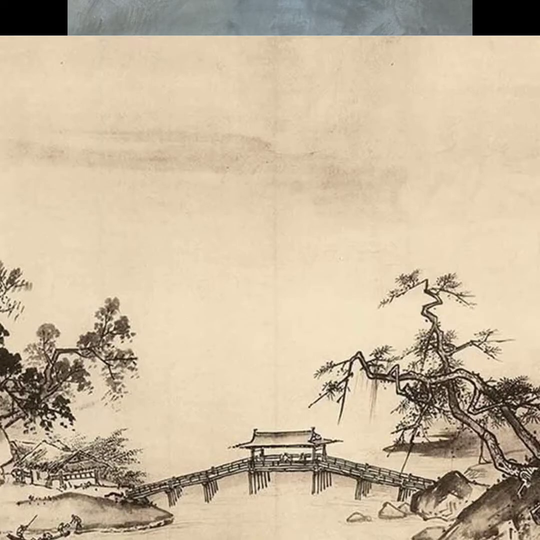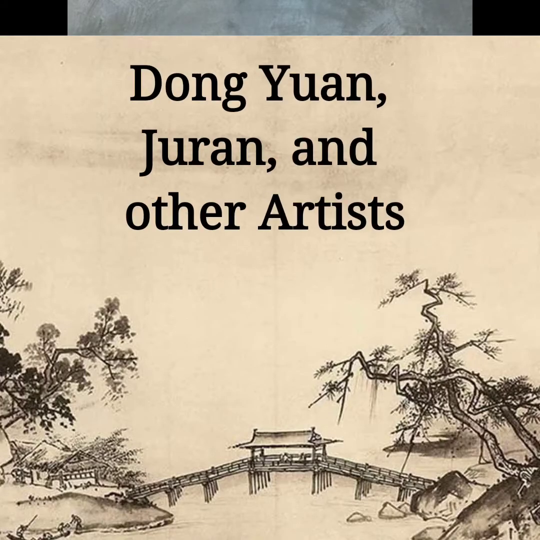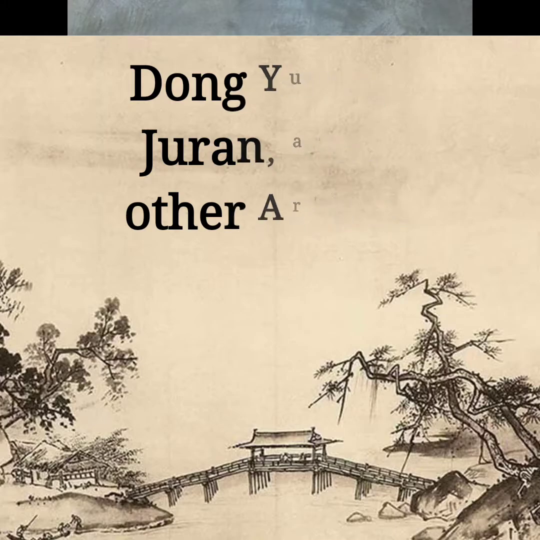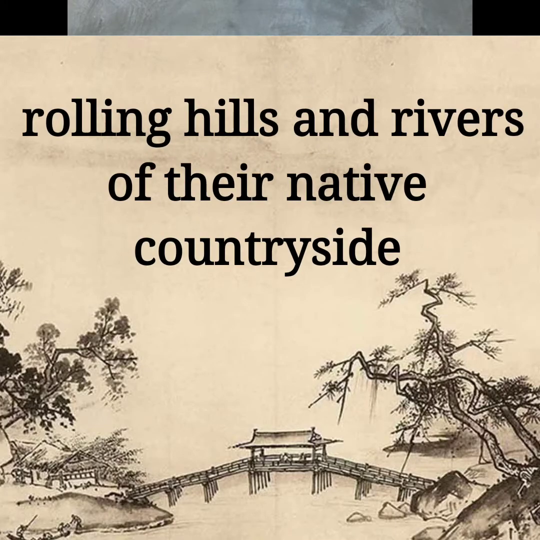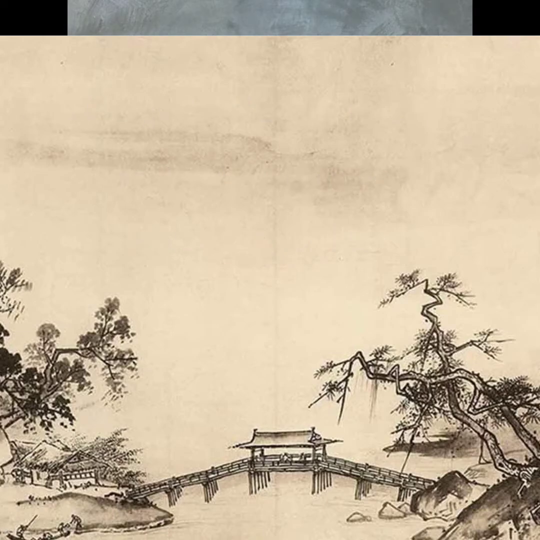In the south, Dong Yuan, Juran, and other artists painted the rolling hills and rivers of their native countryside in peaceful scenes done with softer, rough brushwork. These two kinds of scene and techniques became the classical styles of Chinese landscape painting.